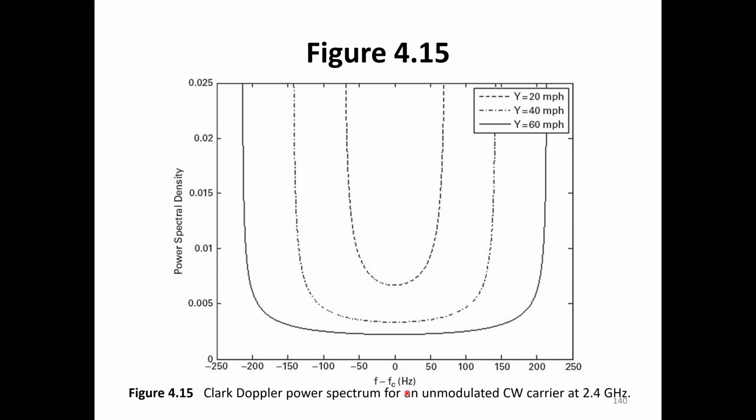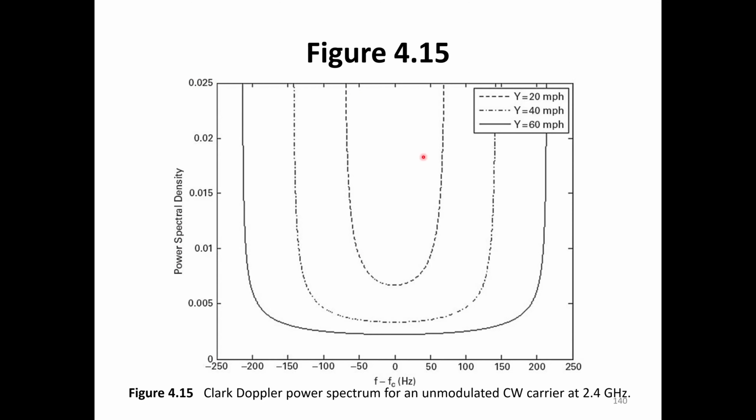You can see that in this figure the x-axis is f minus fc in hertz from negative 250 hertz to 250 hertz. The y-axis is the power spectral density from 0 to 0.025.